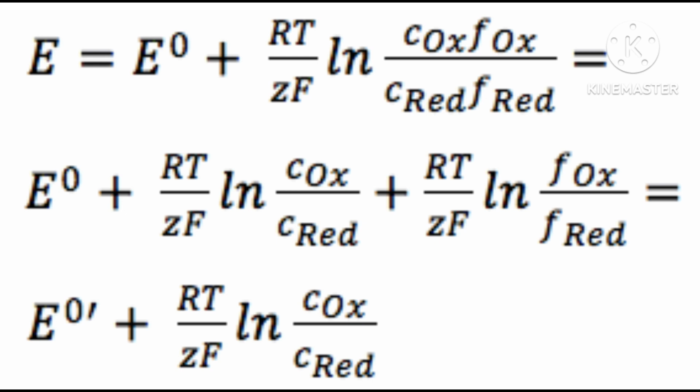Then what will you get? You will get the copper electrode minus the zinc electrode. Means you will get E standard Cu2+|Cu minus E standard Zn2+|Zn. Now you have written them close together, that you can write in one bracket.